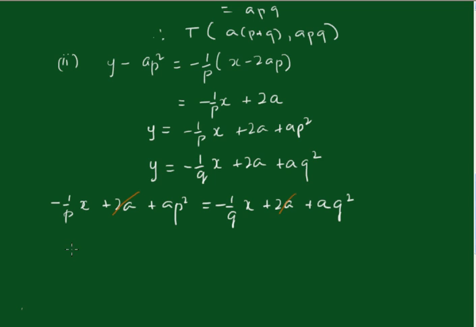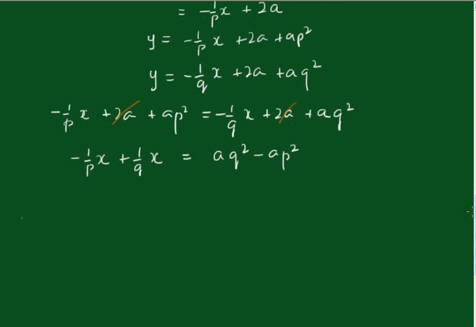So I'll have minus 1 on px plus 1 on qx equals aq squared, taking this across the other side, minus ap squared. So that becomes x outside of 1 on q minus 1 on p equals a outside of, this will be q minus p, q plus p.